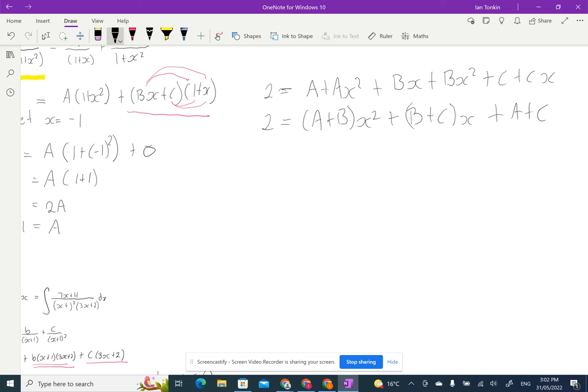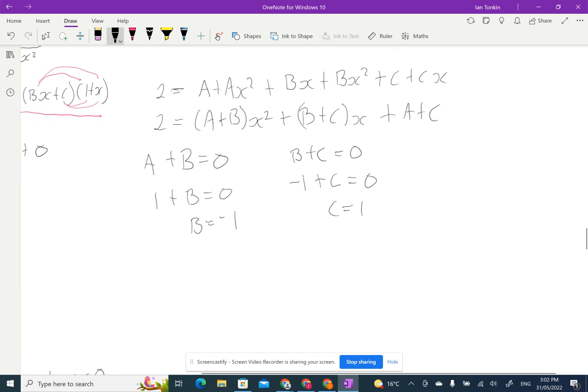Now, I'm just going to equate the coefficients. And I know that there's no x squared there. So a plus b equals 0, but over here I know that a is 1, so 1 plus b equals 0, so b equals -1, and over here I know that b plus c, well there's no coefficient of x, so b plus c must equal 0, and b is -1 plus c equals 0, so c equals 1.